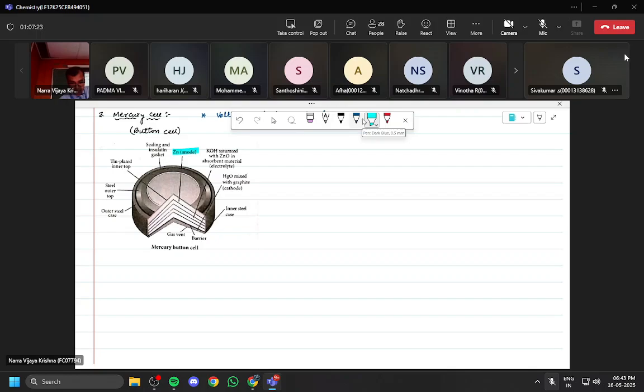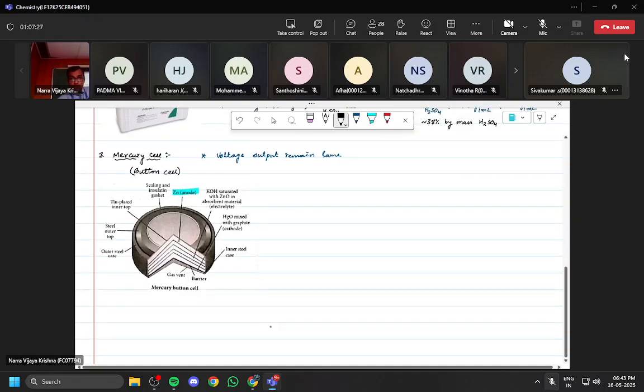Now in this total process, zinc acts as anode. Instead of writing zinc, I will say zinc amalgam acts as anode. Reason, we are taking mercury oxide. In the earlier case, I had taken MnO2.